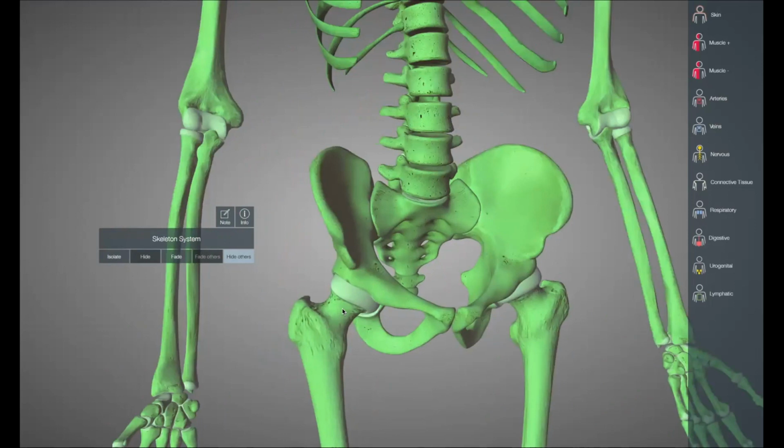Yes, you can say that the articular fossa of the acetabulum is made up of the ilium, ischium, and pubis.